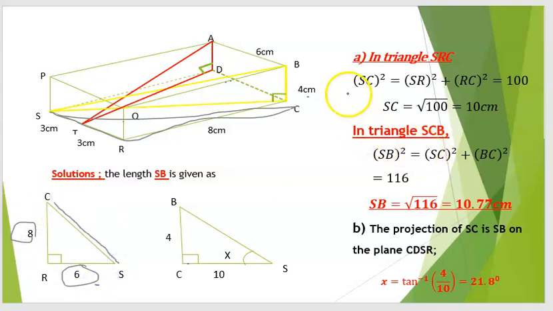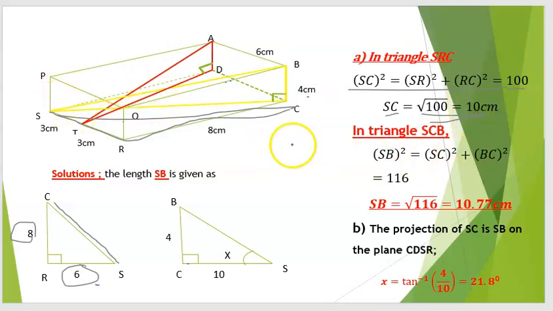I'll use the Pythagoras theorem: 8 squared plus 6 squared gives me 100. Therefore SC will be the square root of 100, which gives you 10.